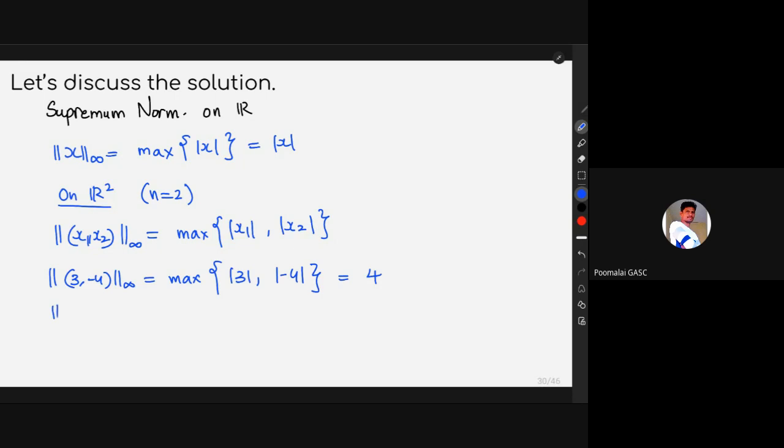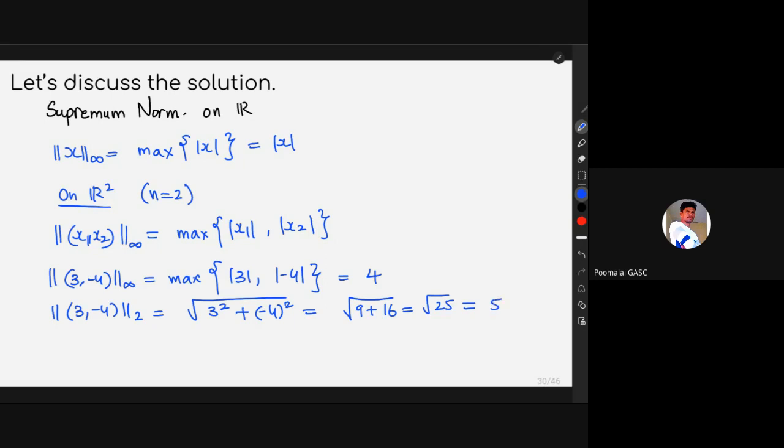But if I calculate the Euclidean norm of this vector, what will it be? It will be the square root of 3 squared plus minus 4 squared. That's the definition of the Euclidean norm. It will be the square root of 9 plus 16, which is the square root of 25, which is 5.